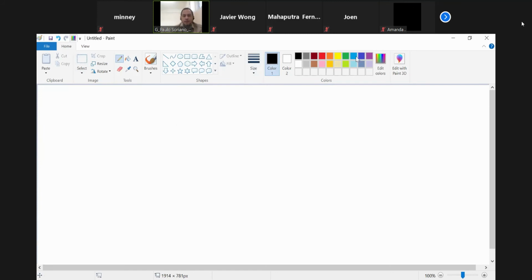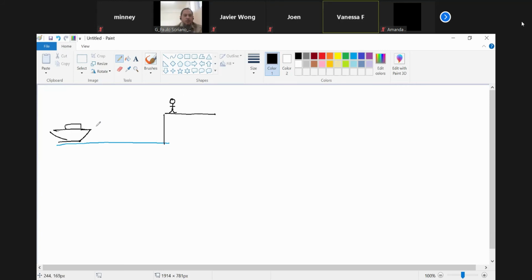Next is something always seen at the ferry terminal. Here is now the sea. Here is now the pier. And whenever a ferry is going to arrive, let's draw a boat over here.